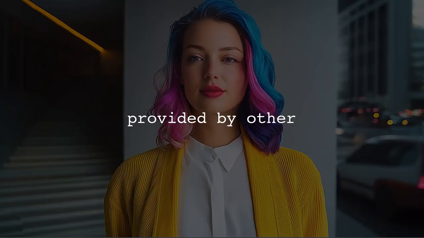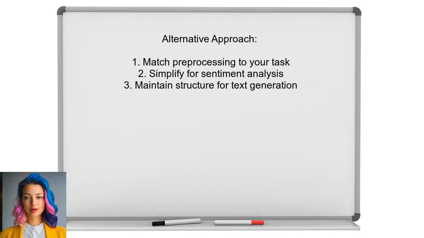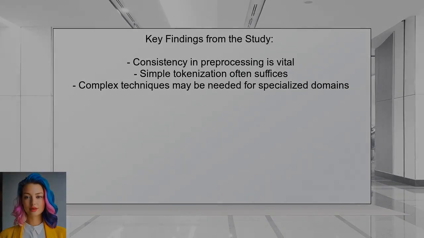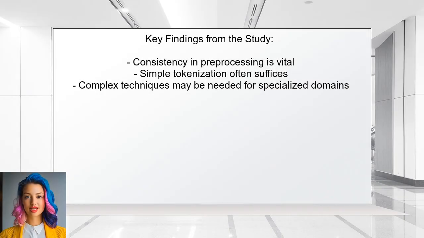Now let's look at the answers provided by other users. This user emphasizes that the pre-processing of text should align with the specific task at hand. For instance, in sentiment analysis, it's acceptable to simplify the text, while for text generation, maintaining structure is crucial. They reference a study that highlights the importance of consistency in pre-processing across training and evaluation data.